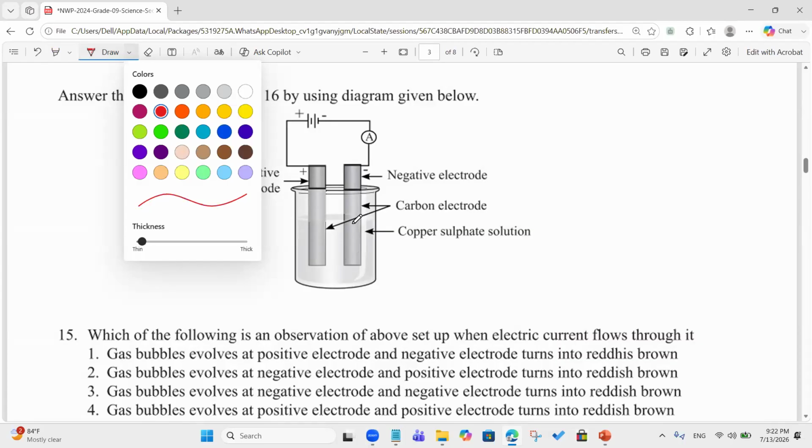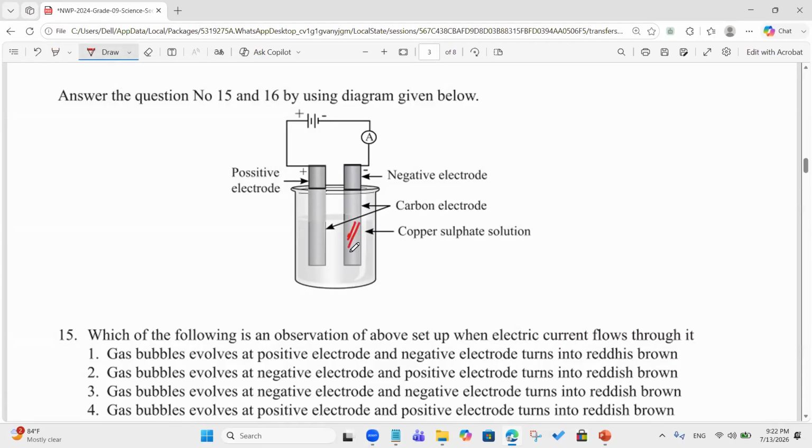From these ions, copper ions will be deposited on the negative electrode because copper ions are positively charged, right? That is one thing. So the other electrode, around this electrode you can see the bubbles, right? The bubbles are all here. So which one is the answer, Lamai? Gas bubbles at the positive electrode, and the negative electrode turns reddish brown. This is the answer, number one.